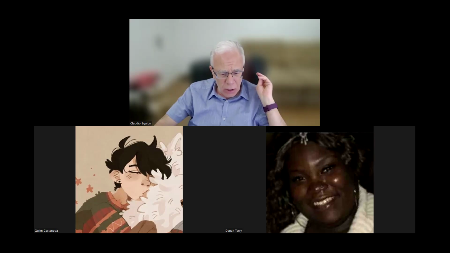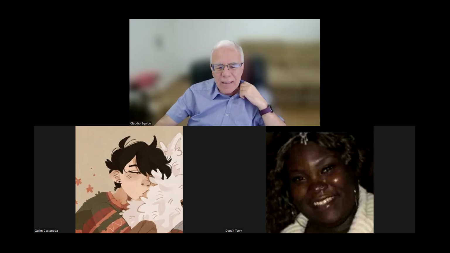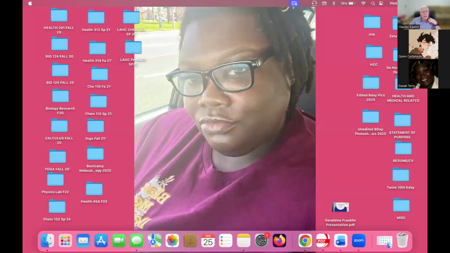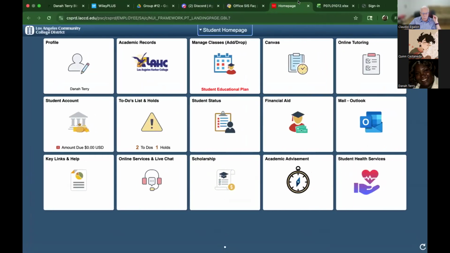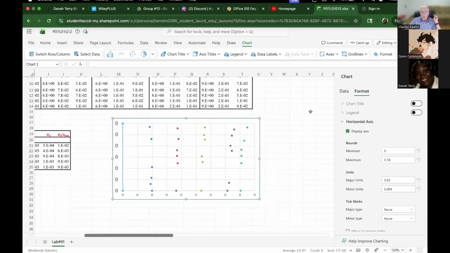There is a share box, a green box written share at the bottom of this green box. Oh, got it. Okay, it's coming. Now show me the plot.